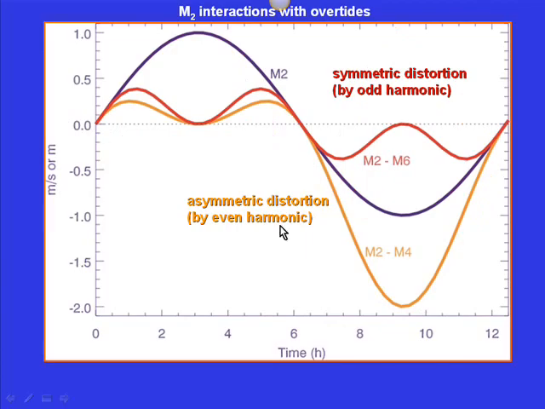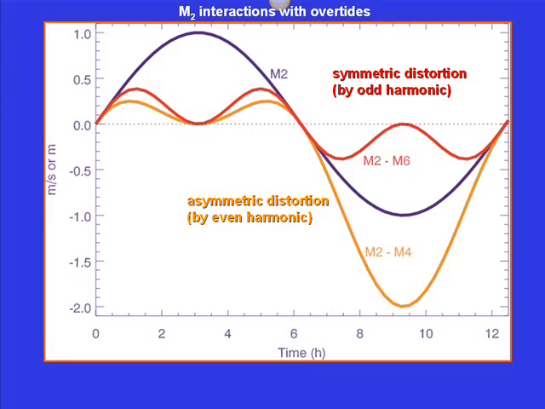Even harmonics will produce asymmetric distortions, and odd harmonics will produce symmetric distortions. So if you go to a place where you have strong nonlinear effects, you might observe a shape that looks like the red line or the orange line. Those are possible shapes of the sea level or the currents in places of the world where you have strong nonlinear effects.